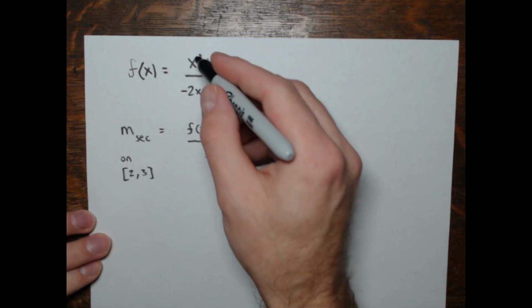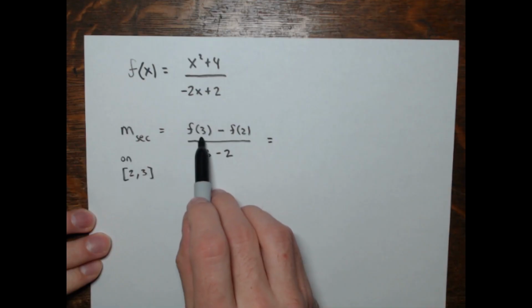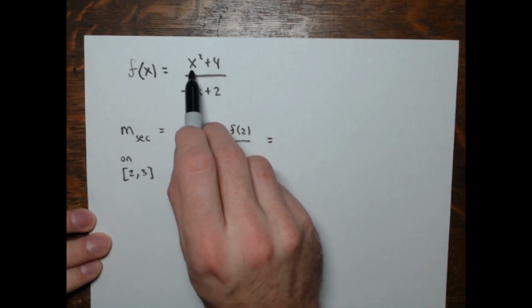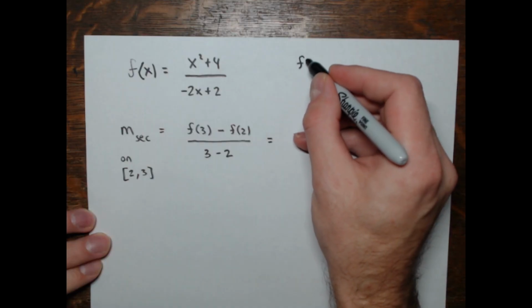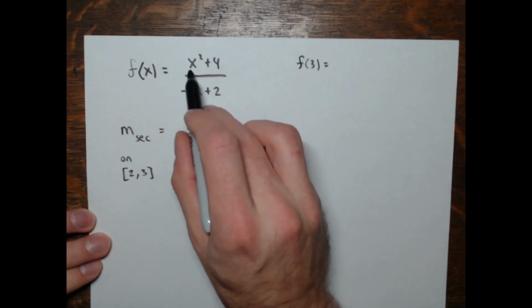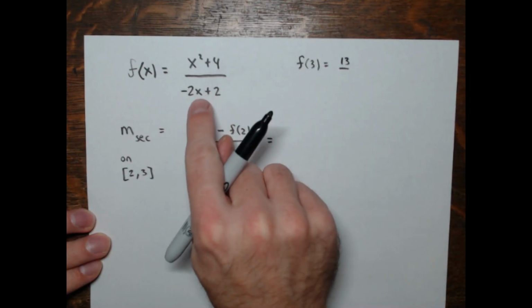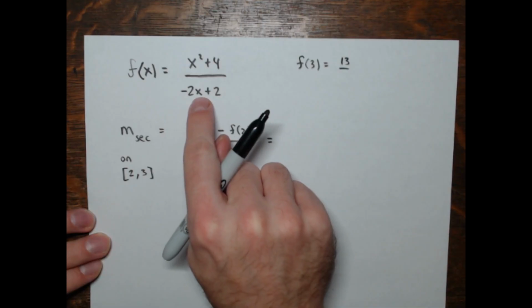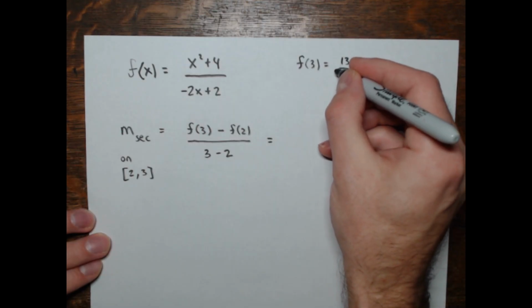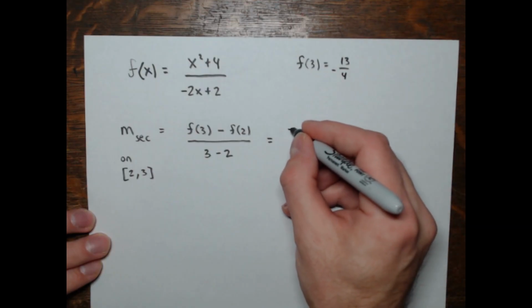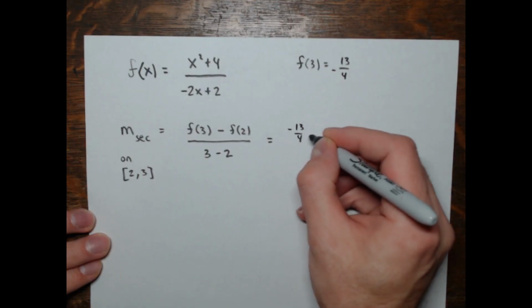Okay, now these shouldn't be too bad. When I plug in 3, f of 3, you've got 3 squared is 9, 9 plus 4 is 13, divided by negative 2 times 3, which is negative 6, plus 2 is negative 4. So it's negative 13 fourths.